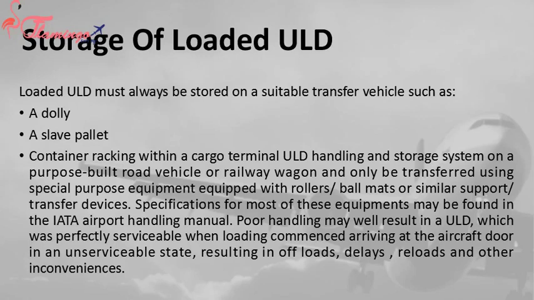Specifications for most of these equipments may be found in the IATA Airport Handling Manual. Poor handling may well result in a ULD, which was perfectly serviceable when loading commenced, arriving at the aircraft door in an unserviceable state, resulting in offloads, delays, reloads and other inconveniences.